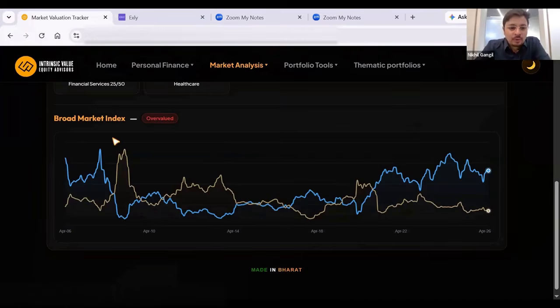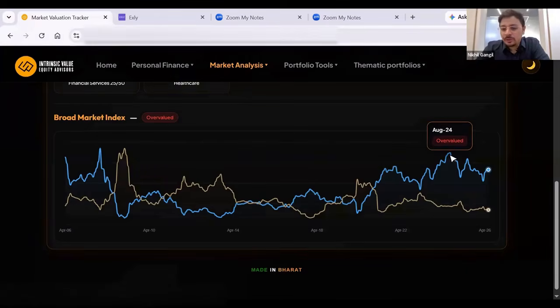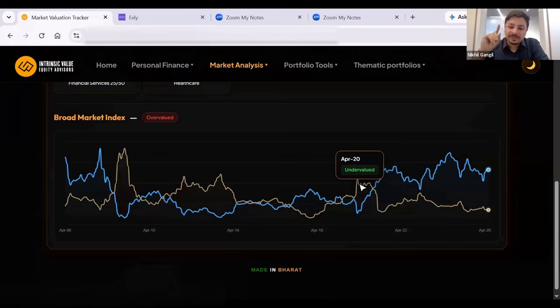And every time you look, the market has made the peak here, here, here, and the peaks of 2022 and 2024. Every time the market has corrected by a lot. And every time the market has made an attempt to become fair valued or undervalued, the market has made a reversal from there and has given great returns.